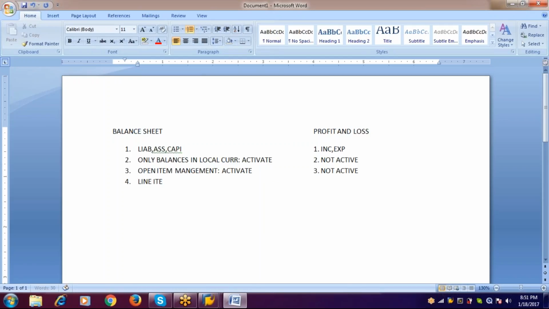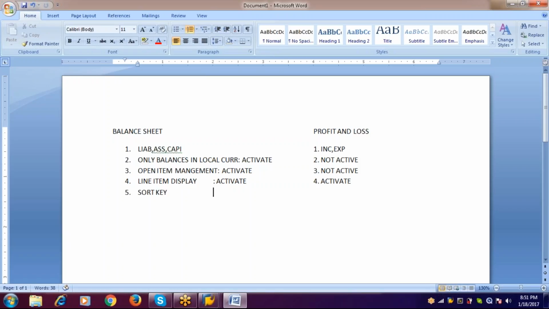Next, line item display. Whether it is profit and loss or balance sheet ledgers, line item display should be activated for both types of ledgers. It should have the itemized display and also the sort key.